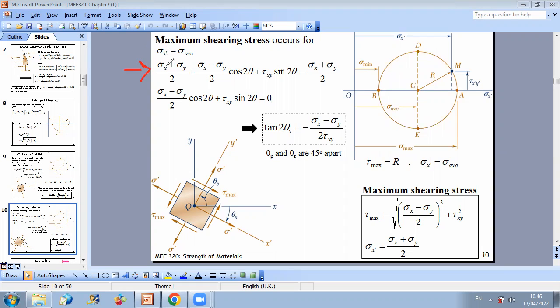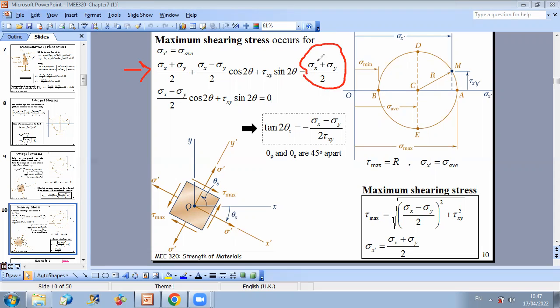Sigma x prime is sigma x plus sigma y over 2 plus sigma x minus sigma y over 2 cosine 2 theta plus tau xy sine 2 theta, equal to the value of sigma average, which is sigma x plus sigma y over 2.